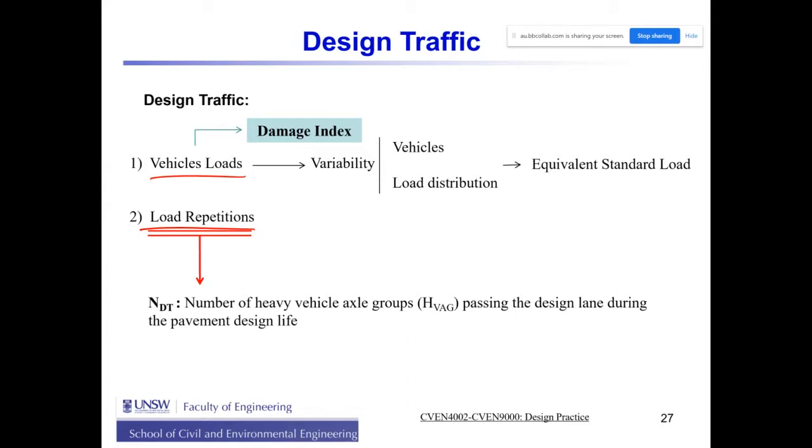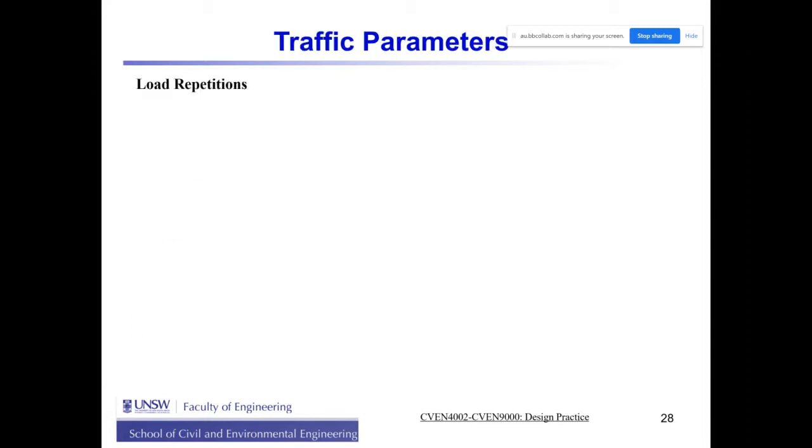For load repetition, we define NDT. What is this NDT? It is the number of heavy vehicle axle groups passing the design lane during the pavement design life. I'm going to show you how to determine this one and what is the meaning of this sentence.